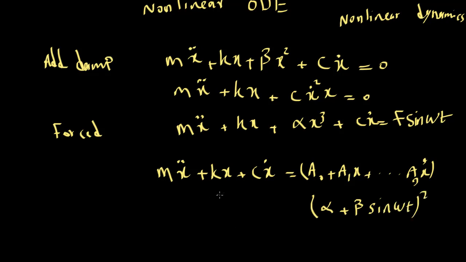So you can see that this is again a governing equation of a linear mass spring system with linear damping, but the force is a nonlinear function of x. And this is an equation that I use very much in my research. So that's a progression for this kind of nonlinear vibration stuff.